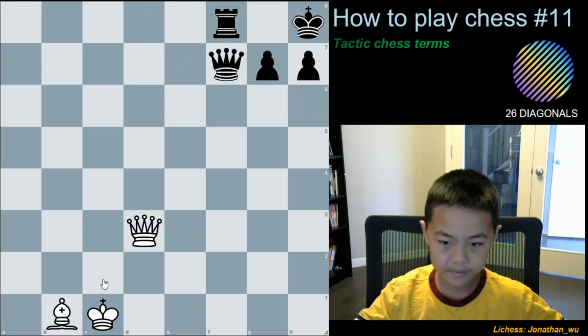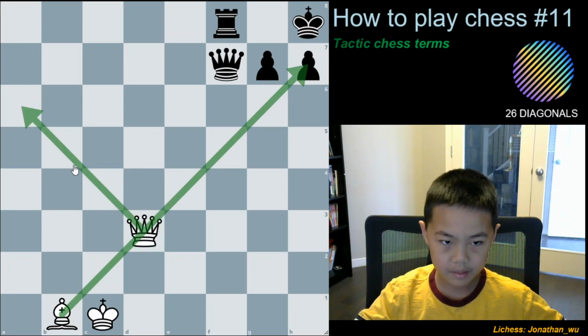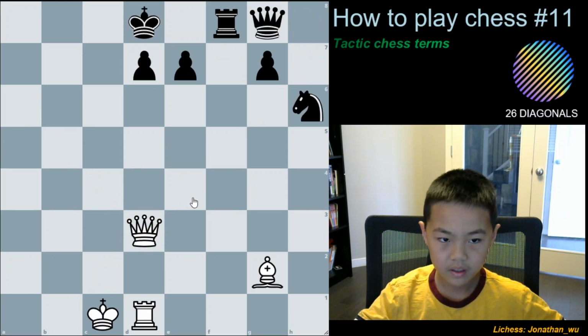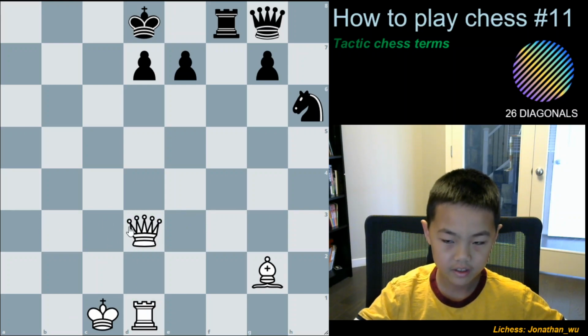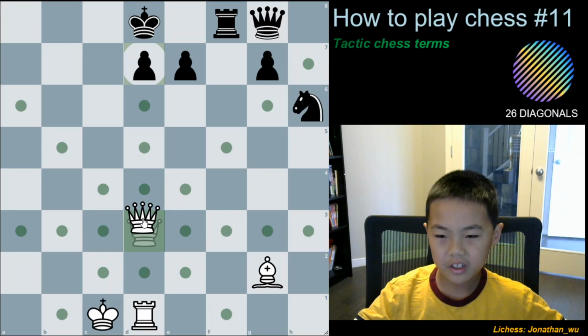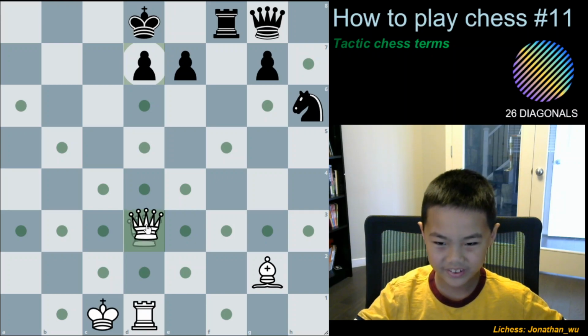And it doesn't always have to be across diagonals, which are the lines that queens and bishops can move in. You can also use it horizontally with a rook and a queen, or anything really, except for a knight. A knight wouldn't have a really good battery.